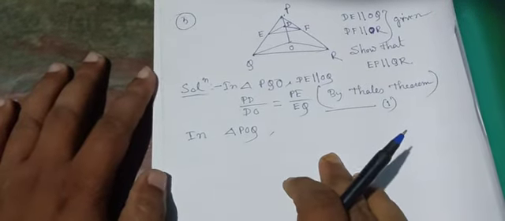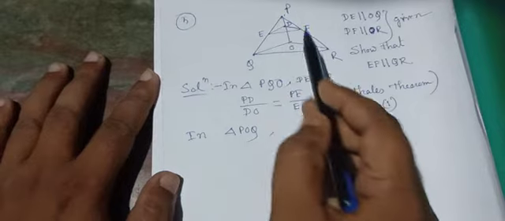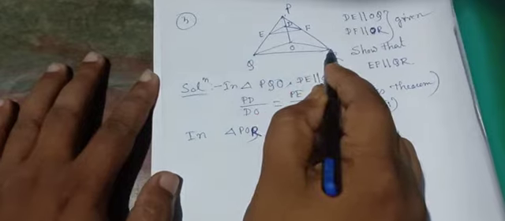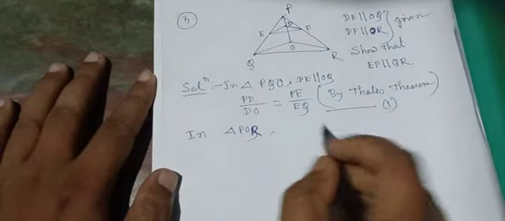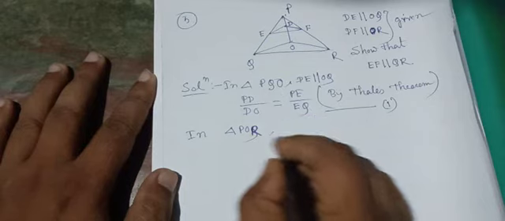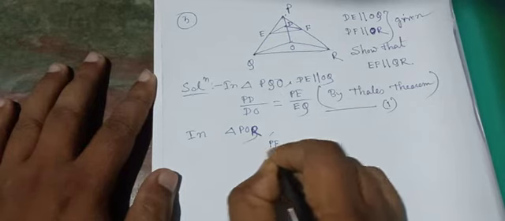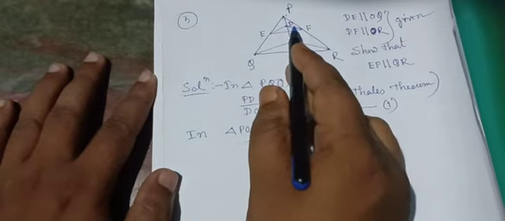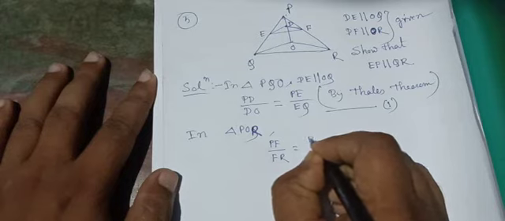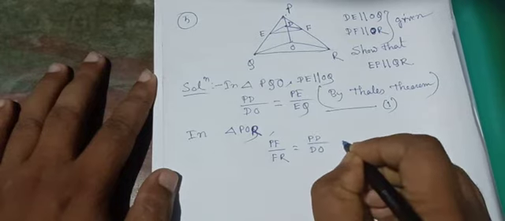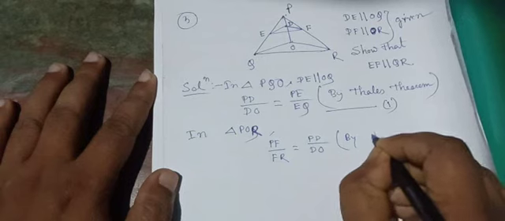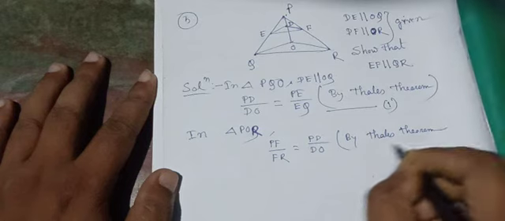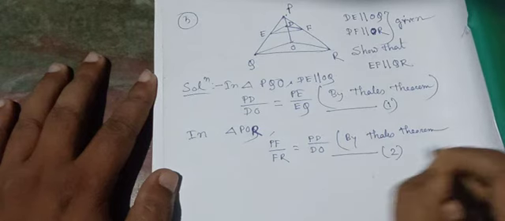Here, if we consider the triangle POR, not Q, POR, then in this triangle we will get PF by FR equals PD by DO by Thales theorem. This is my equation number 2.